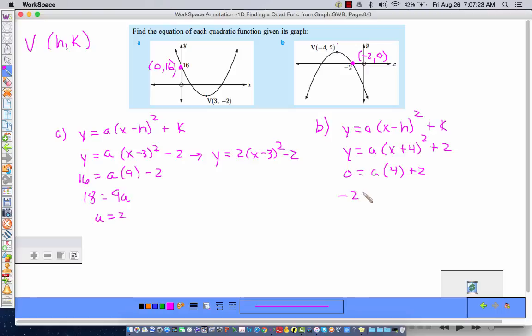Subtracting 2, negative 2 equals 4a. So a is equal to negative 1/2. I expected a negative since it opens downward. And then I replace the a with negative 1/2. So y is equal to negative 1/2 times x plus 4, the quantity squared, plus 2.